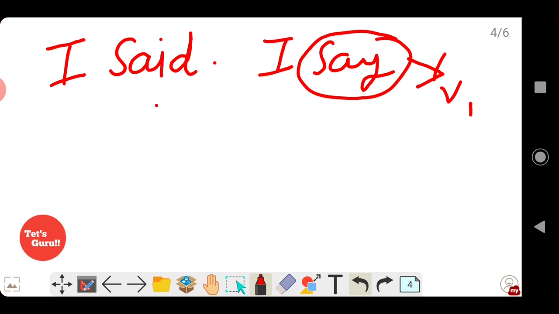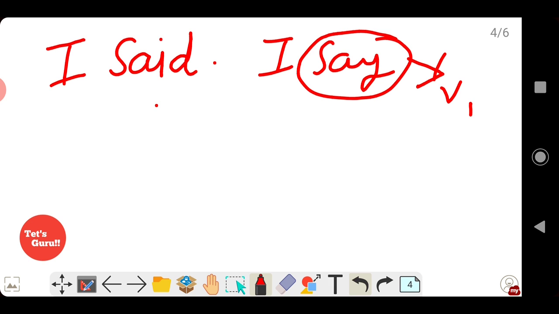They always use verb first form, sometimes verb third form. They do not know that we always use the verb second form. And if they know, they don't know the verb second form of the particular main verb.